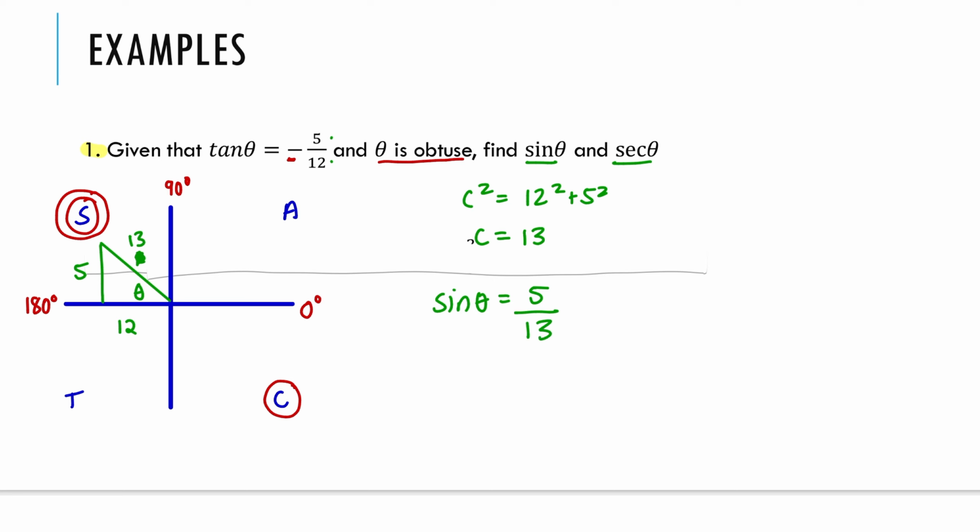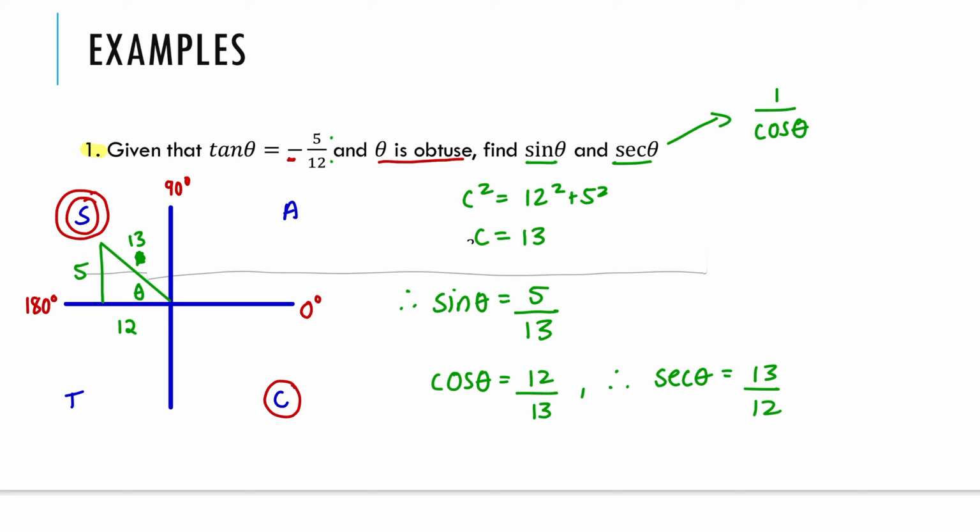My next one I'm going to look at, now recall sec theta is the same as 1 over cos theta. So it is the reciprocal. If I know that cos theta is equal to adjacent over hypotenuse, well then sec theta must be the reciprocal, which will be 13 over 12.